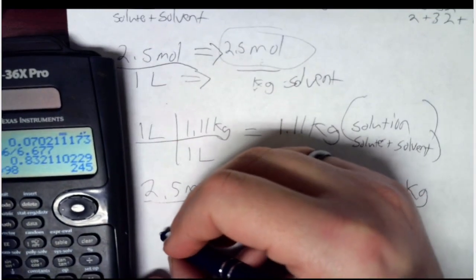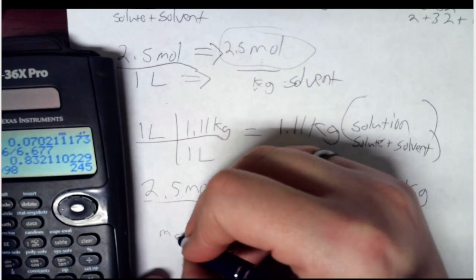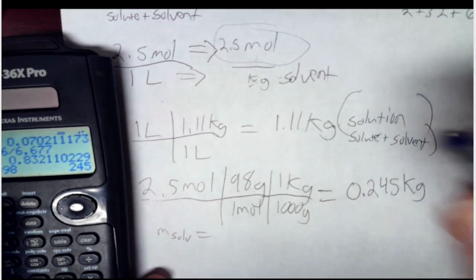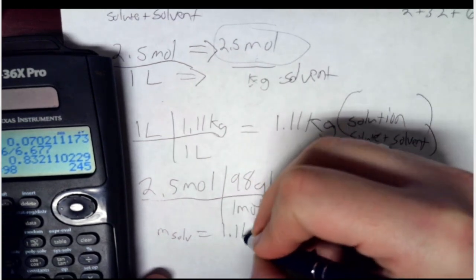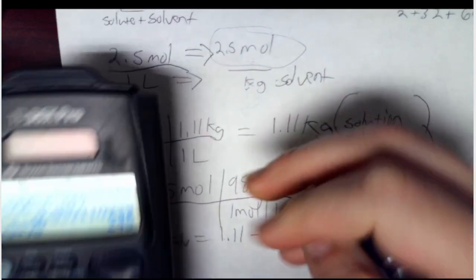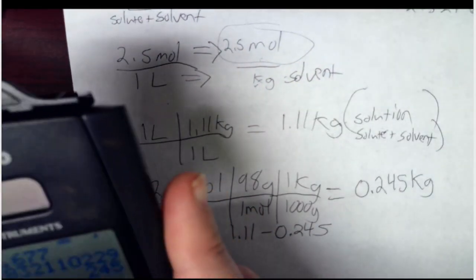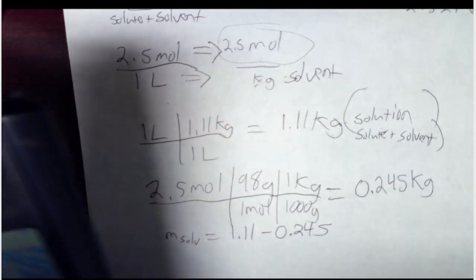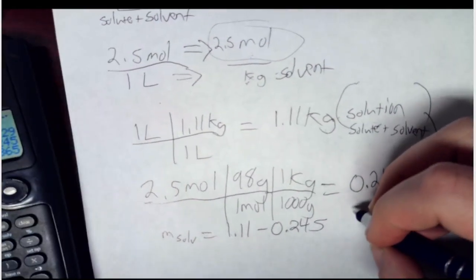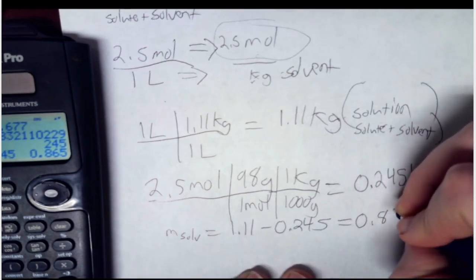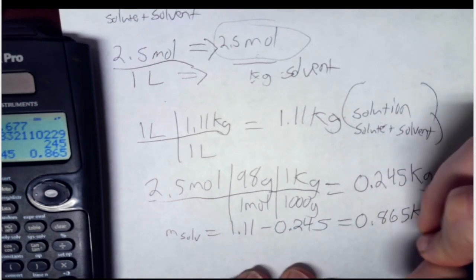So the mass of solvent would be 1.11 minus 0.245. So the actual mass of our solvent is 0.865 kilograms.